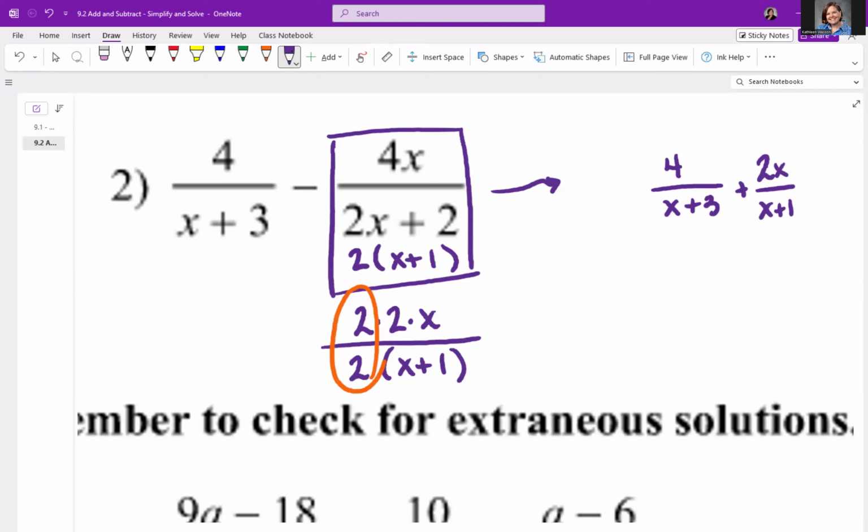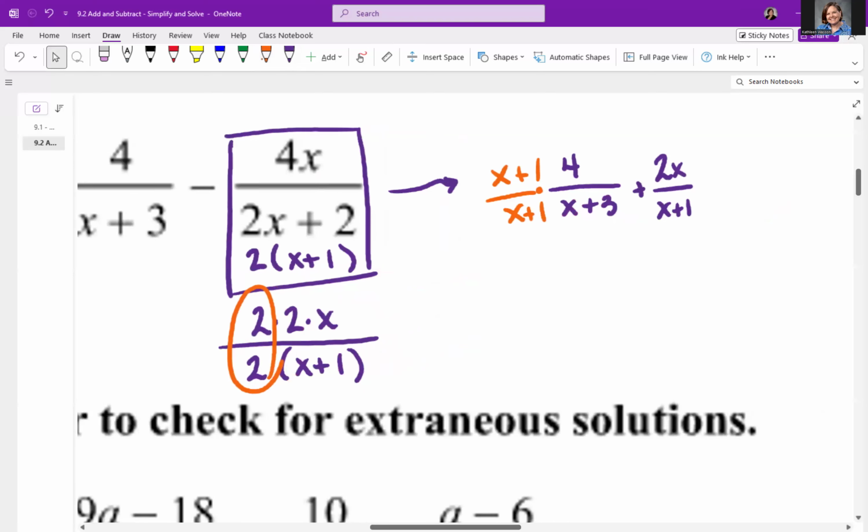So now I don't have to multiply the other one times 2 because that was simplified to a 1. So now when I multiply by what's missing, I have x plus 1 over x plus 1 for the first expression, and x plus 3 over x plus 3 for the second expression.